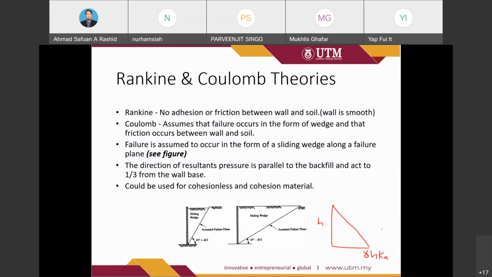So that will be the pressure acting at the base of the retaining structure, for example.